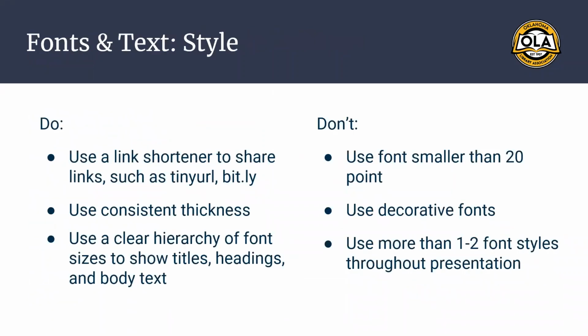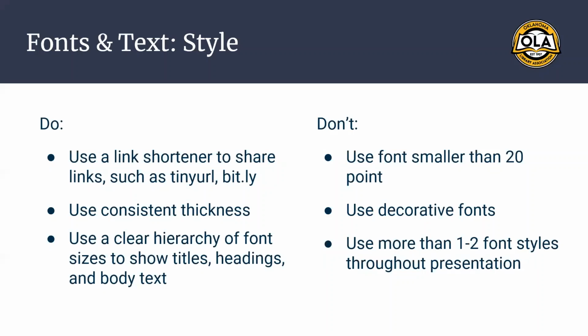It is important that presenters use fully accessible fonts and text. Here are some do's and don'ts for text style. Do use a link shortener to help participants access content. Do use a consistent thickness of font and a clear hierarchy of font sizes to show titles, headings, and body text to help participants read presentation materials.